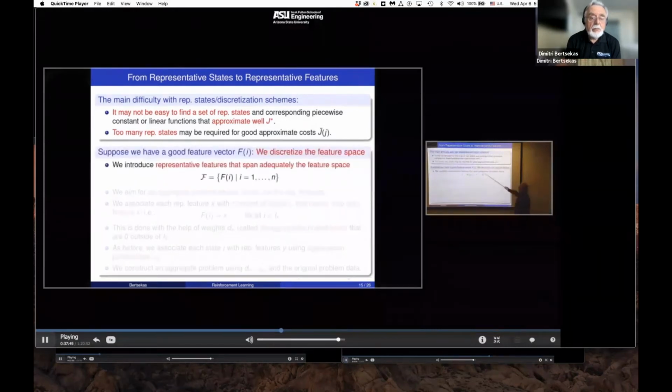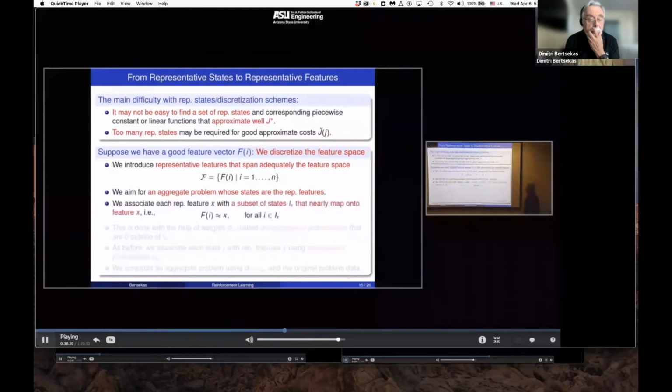Now, suppose you have a feature vector that you can trust. It sort of expresses the nonlinearities of J star well enough. Then, instead of discretizing the state space, we discretize the feature space. So we introduce representative features that span adequately the feature space, and we aim for an aggregate problem whose states are going to be representative features rather than representative states.